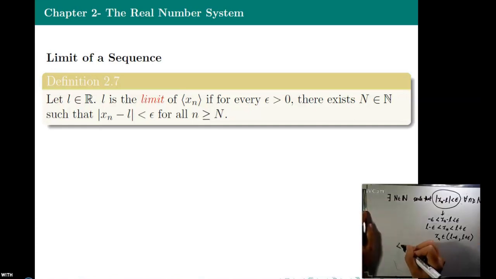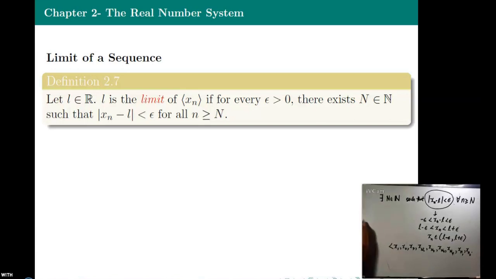Okay, so let us try to have this example. Say for example, we have here our sequence x sub 1, x sub 2, x sub 3. This is just an example now. Say x sub n sub 1, x sub n sub 2, x sub n sub 3, say x sub n sub 4, and so on.